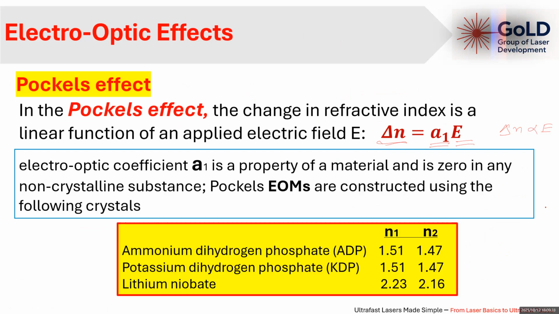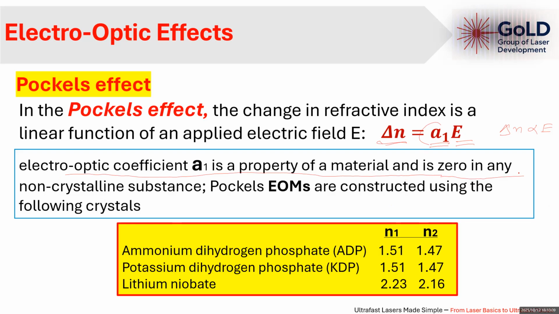Okay, it's linear. And this constant is called the electro-optic coefficient, and it depends on the material, the people using this kind of Pockels cell or electro-optic modulator.